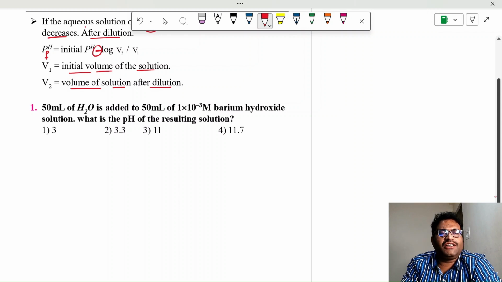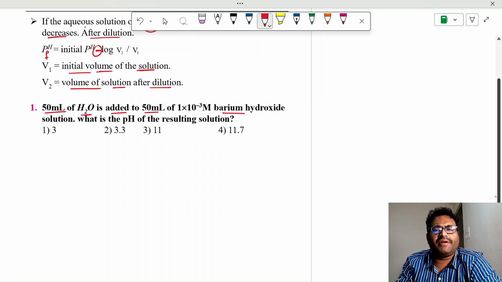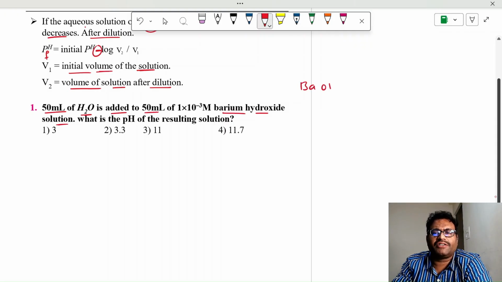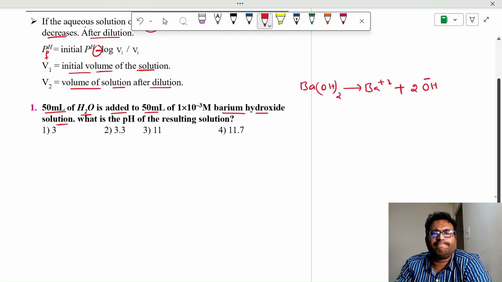Now let us see this question. 50 ml of H2O is added to 50 ml of barium hydroxide solution. Barium hydroxide dissociates into Ba plus 2 plus 2OH minus.